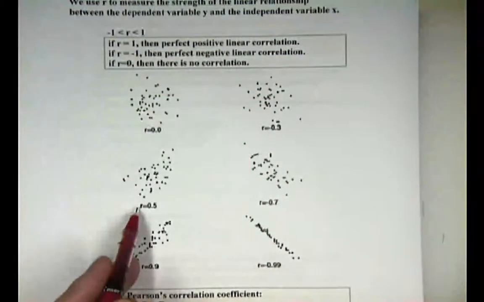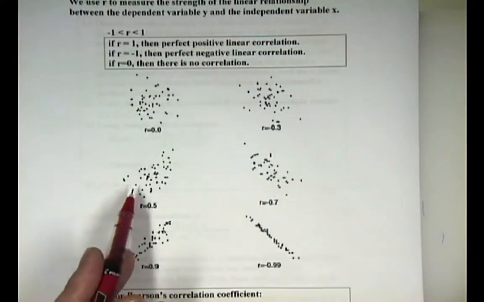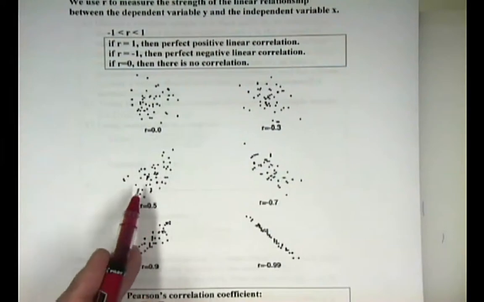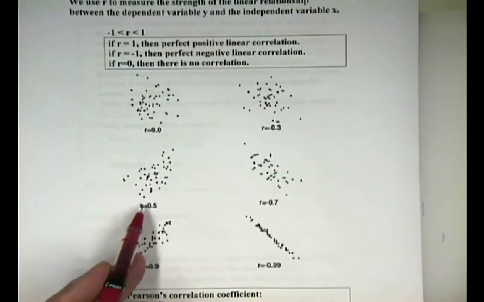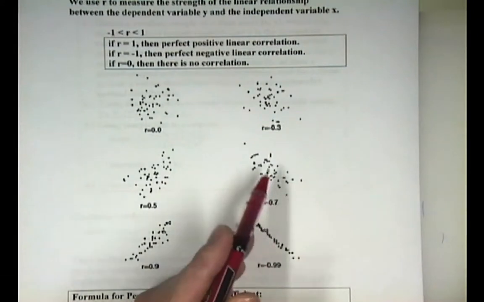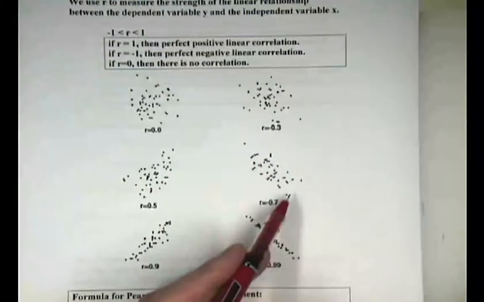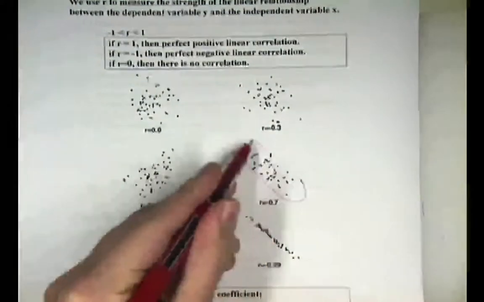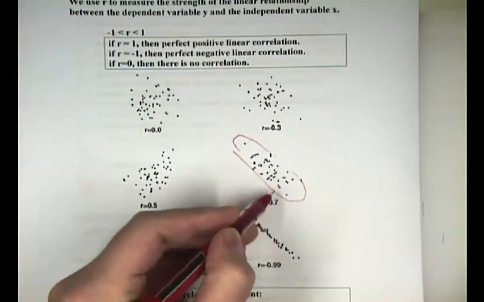Here the correlation coefficient is 0.5, and while it is pretty scattered, it's starting to look like there might be a shape forming. Here, r is negative 0.7, and again, the dots are spread out, but the more important thing is that you can kind of see a linear shape forming.